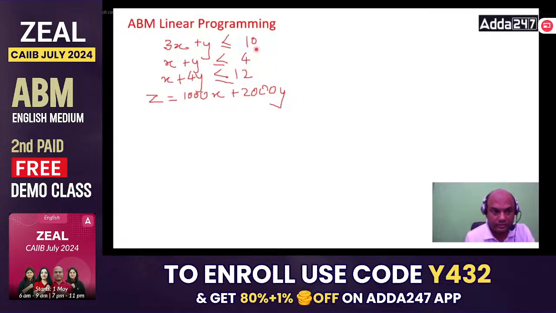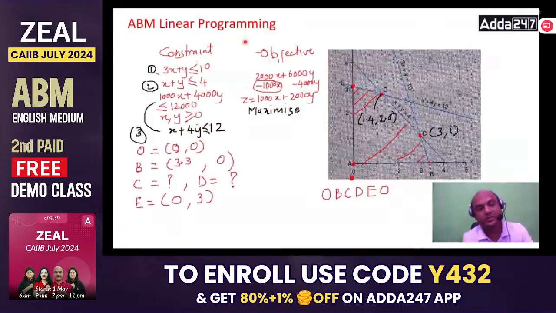Now next, draw the lines. 3x plus y less than or equal to 10.